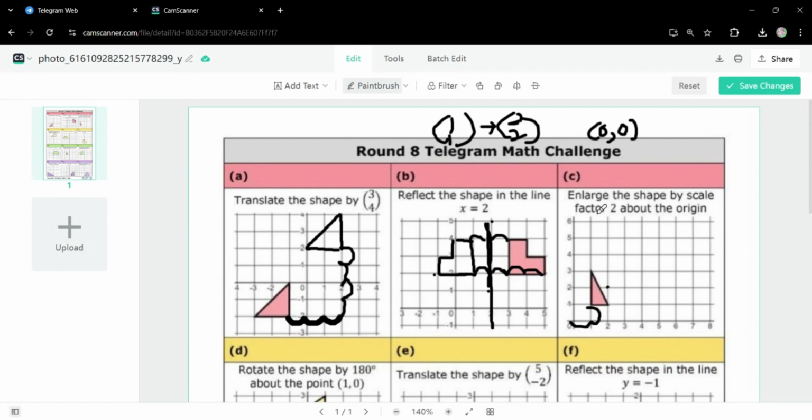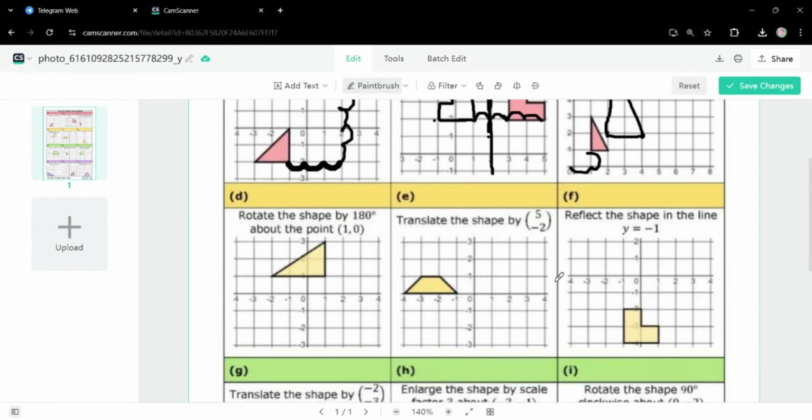From the dot you can calculate 1, 2, 1, 2, which you'll get on the line above like that. Then you can guess the shape, or you can just follow it, like there's 2 over there, so it becomes 4 over here. Then you draw the line down. Okay, so we're done with enlargement.